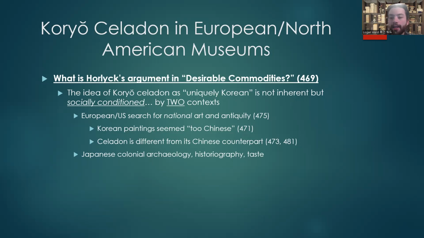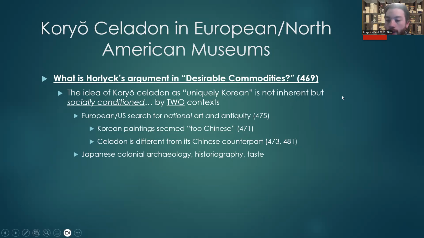And so one narrative that was peddled was that during the Joseon period, Korean civilization deteriorated. It became worse and worse. So they needed to be colonized by Japan in order to go back to that former glory. So that's one of the reasons for sure.